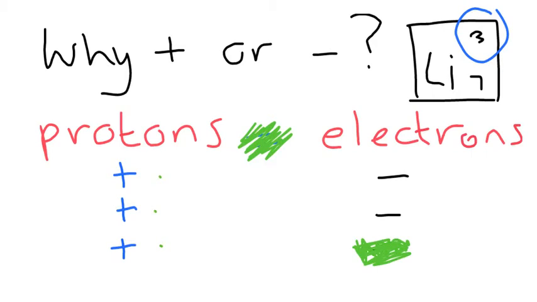So when lithium forms an ion, and it loses one electron from its 3, it forms a +1 charge because of that extra proton that is not cancelled out.